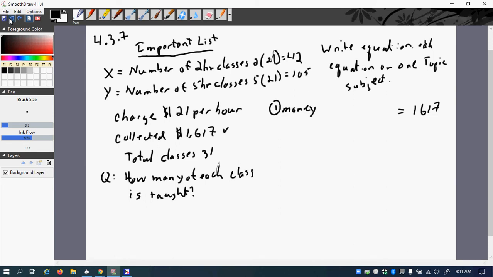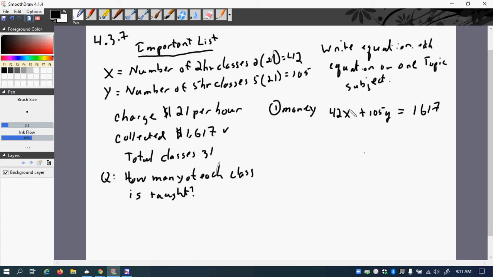And what is going to be the other side of my equation? Well, I know I've got the 2-hour classes at $42. So we have $42 times X, because I don't know how many classes, plus the $105 for the Y, because I have so many classes, but they're going to get charged $105 because this is a 5-hour class.